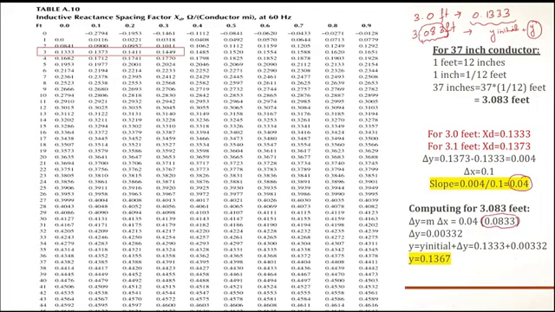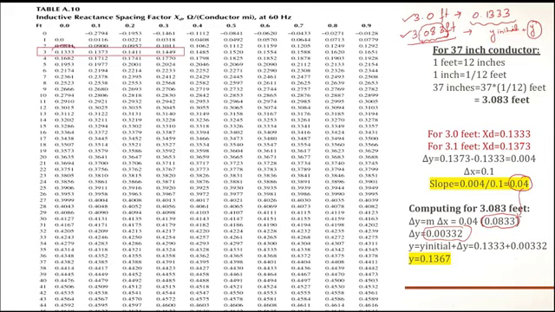So when this slope is multiplied by this delta x, you can see this is the delta x. As 3.0 is the initial one and this is the final one, delta x is 0.083 feet, and if we multiply that with the slope, we will have the value of delta y, which we need to add with this initial y.